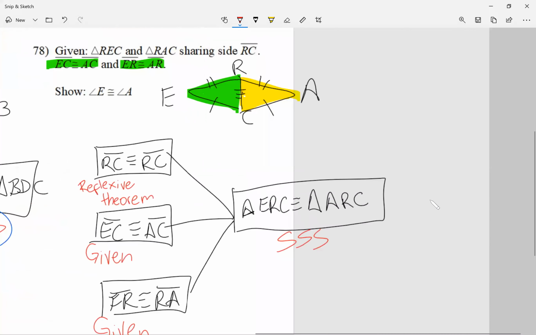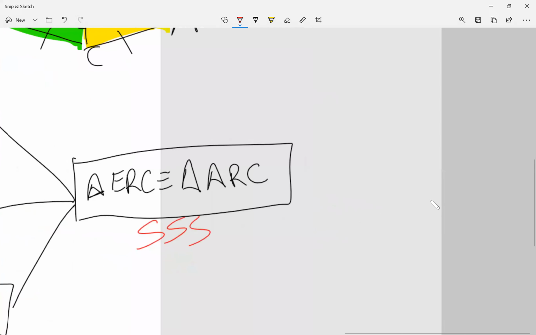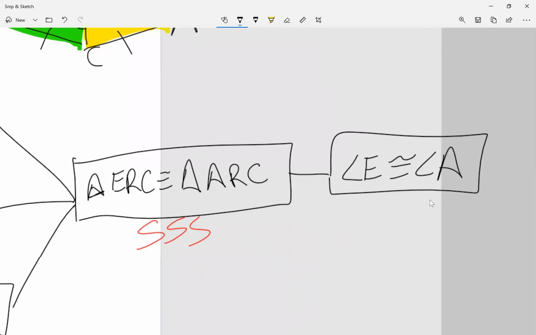Now, I'm almost done. I have to say why angle E is equal to angle A. So this is going to expand a little bit more. Then I'm going to say angle E is congruent to angle A. Cool thing we learned last week, right? As soon as I say one triangle, if you notice, angle E is the first letter from this triangle, and A is the first letter of this other triangle.